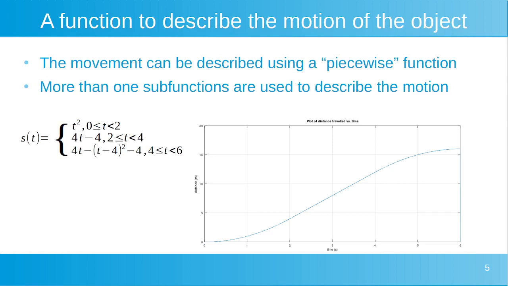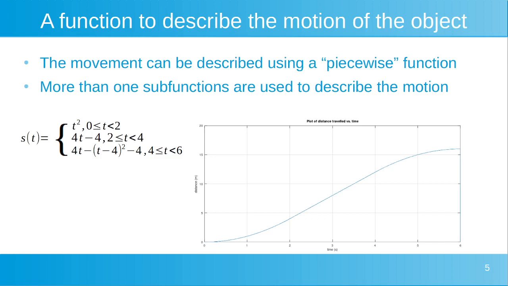The movement can be described using a piecewise function. This will involve more than one sub-function to describe the motion at different times. For a time between 0 and 2 seconds, the distance is described by the sub-function t squared. For a time between 2 and 4 seconds, the distance is described by the sub-function 4t minus 4.